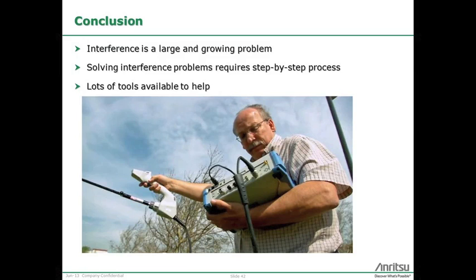So it's growing rapidly. And that doesn't include all the unlicensed stuff, the profusion of Wi-Fi access points, microwave ovens, baby monitors, all kinds of things. The step-by-step process that Eric detailed will go a long way toward helping you be effective in finding and solving interference problems, and there are lots of tools available to help you do that.